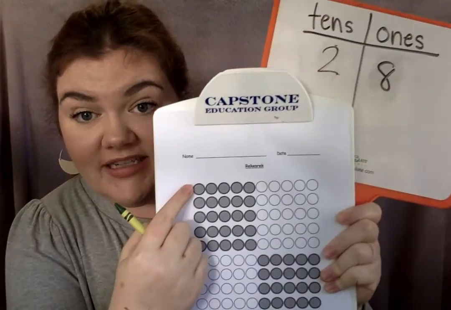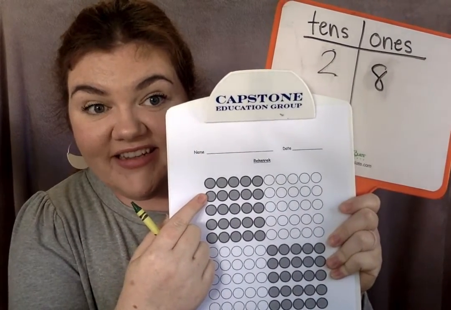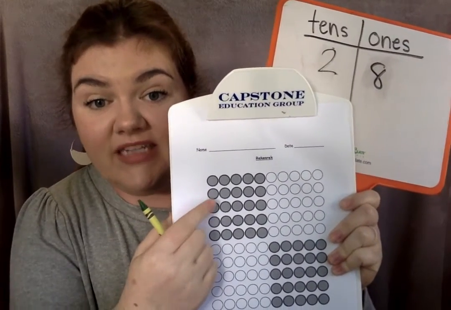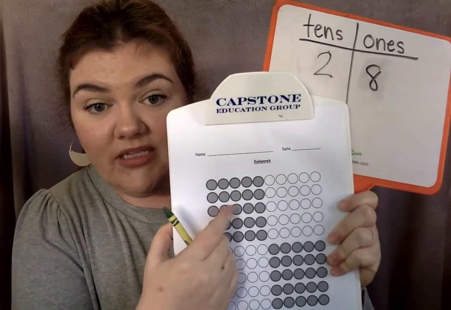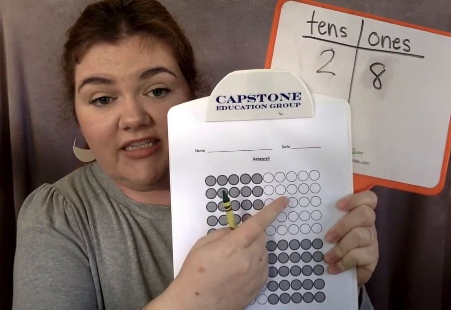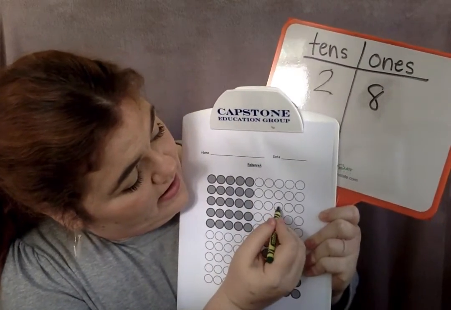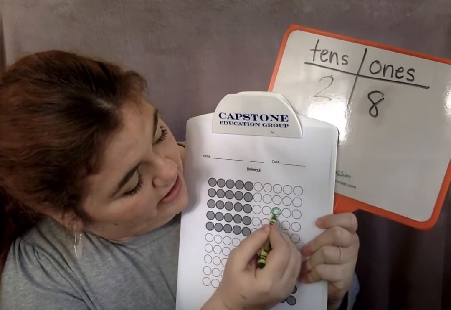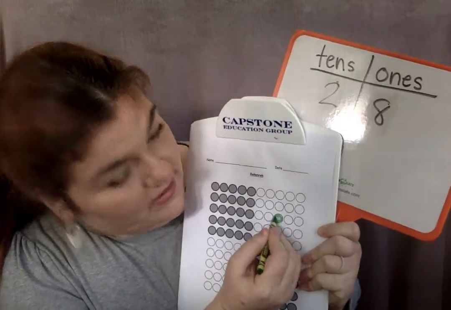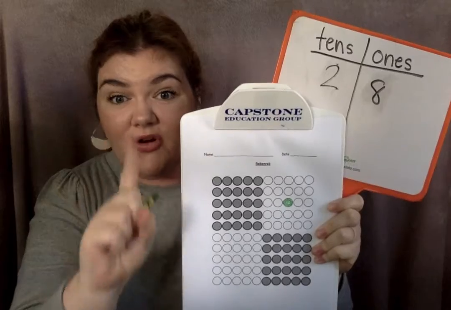Let's see. 1 ten. 2 tens. And how many ones? 8. Let's go. 21, 22, 23, 24, 25, 26, 27, 28. So that circle right there, I'm going to color it green. Okay? And that's it. That's all we're doing. You're just going to color that one circle, okay?